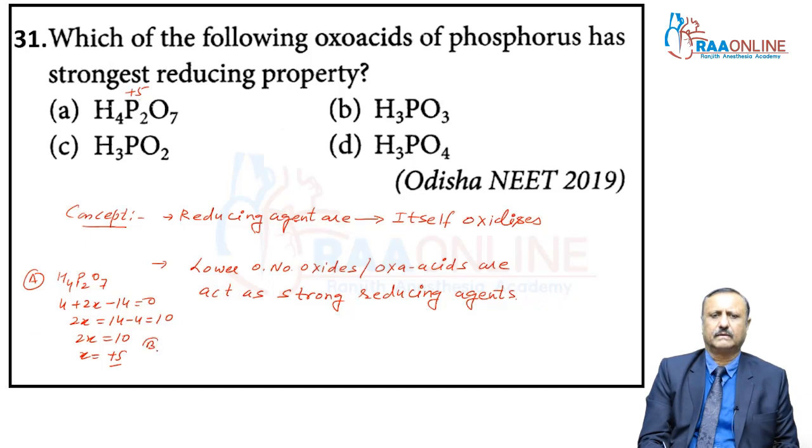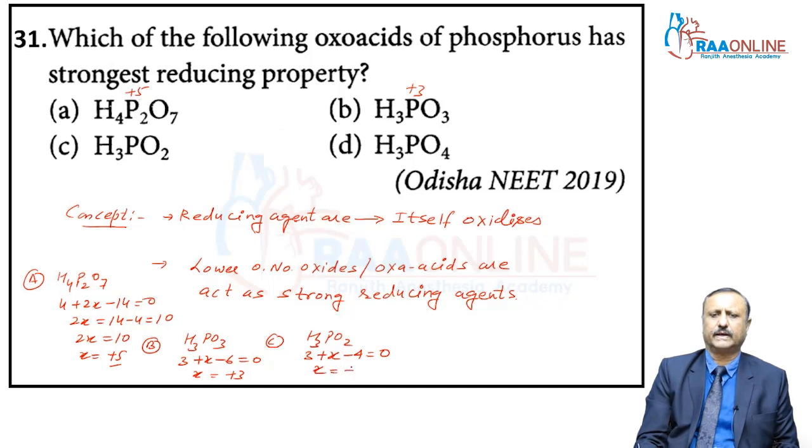Now we can determine the oxidation state in H3PO3. Here 3 plus x minus 6 is equal to 0. Then you get x equal to +3 oxidation state in H3PO3. Now we can go to the C option, H3PO2: 3 plus x minus 4 is equal to 0.